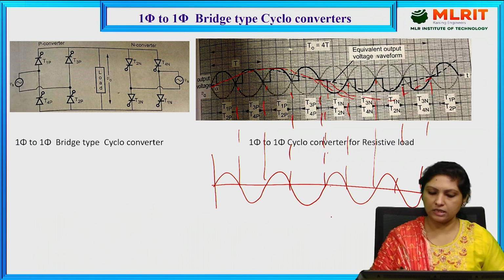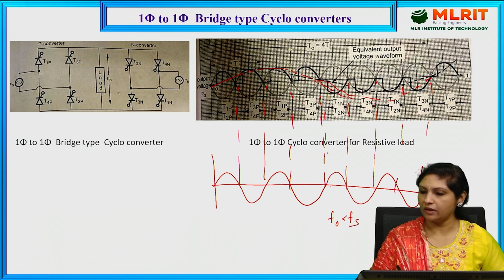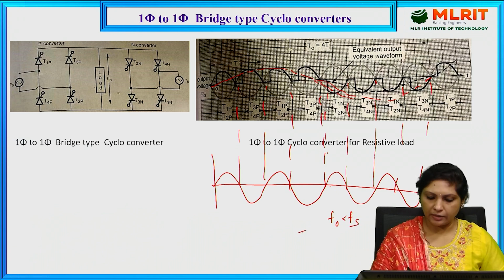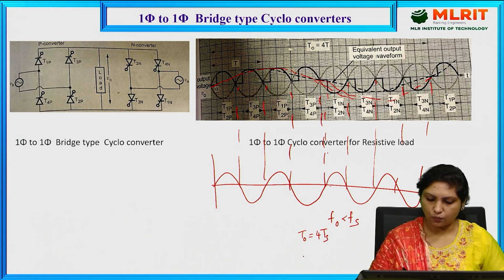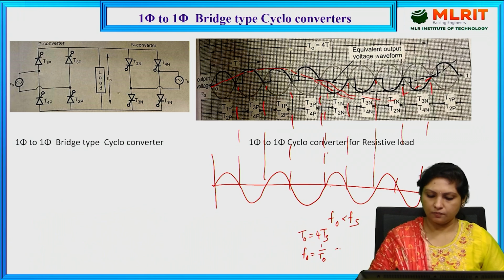That means here f0 is less when compared to that of fs. So here the output time period is equal to 4 times the supply time period. As we all know, f0 is equal to 1 by T0.